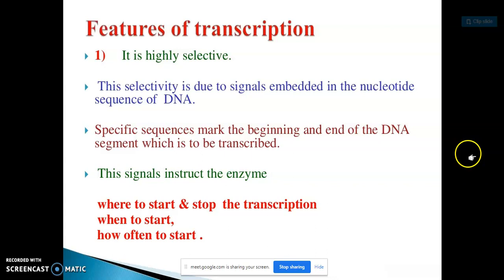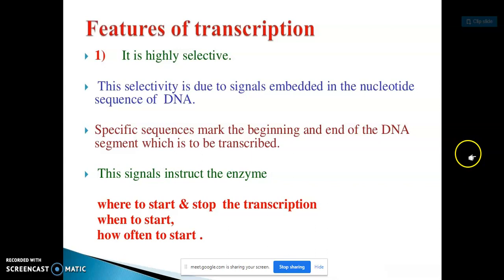No such selectiveness. Right from the first base pair till the last base pair, it is going to get replicated, and it starts at the origin of replication. But transcription is the process of synthesis of RNA, and it takes place using DNA as a template.